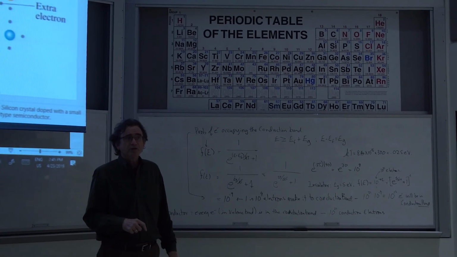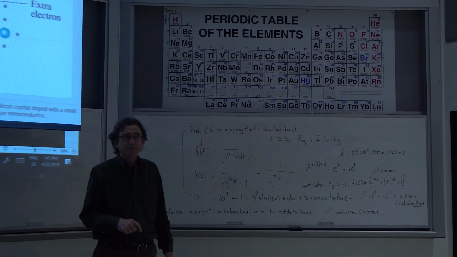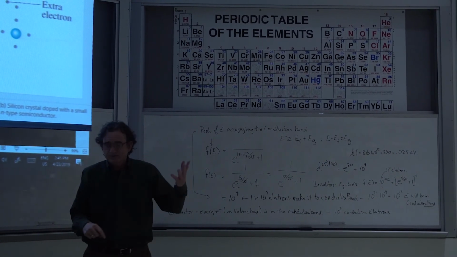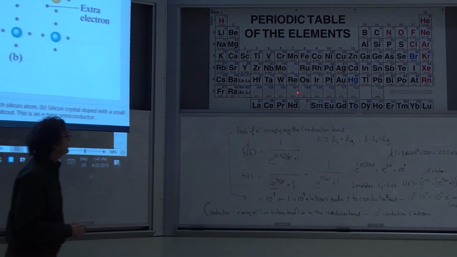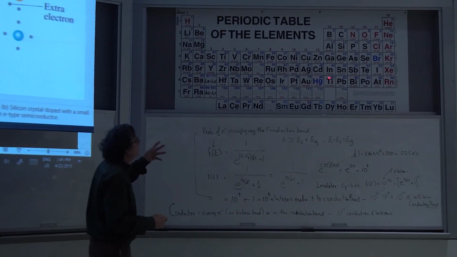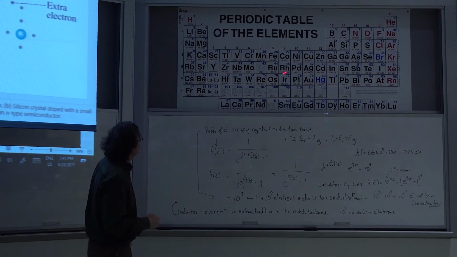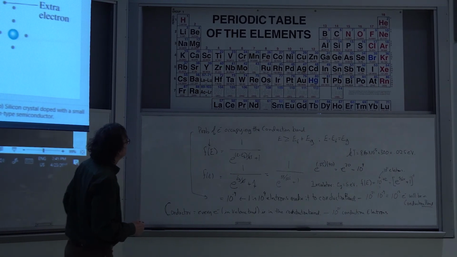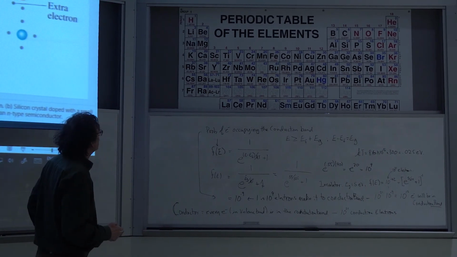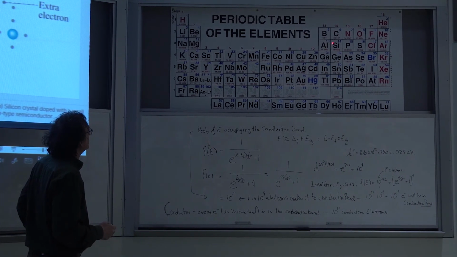Has anyone seen the periodic table or the valence for the different elements in the periodic table? You can easily find out, or you can go into Wikipedia too, to find out that for silicon, which is somewhere, silicon Si, where is silicon? 14th. Right there, silicon, right?